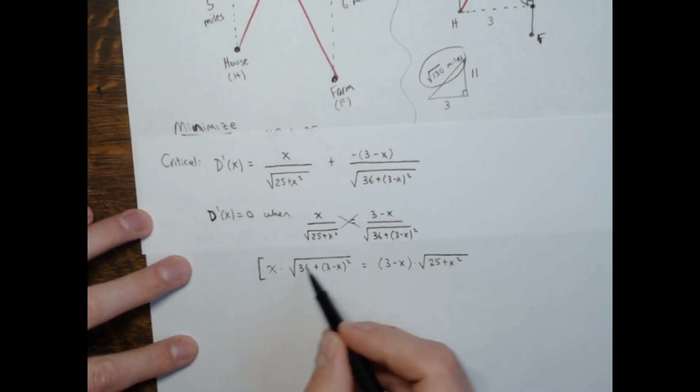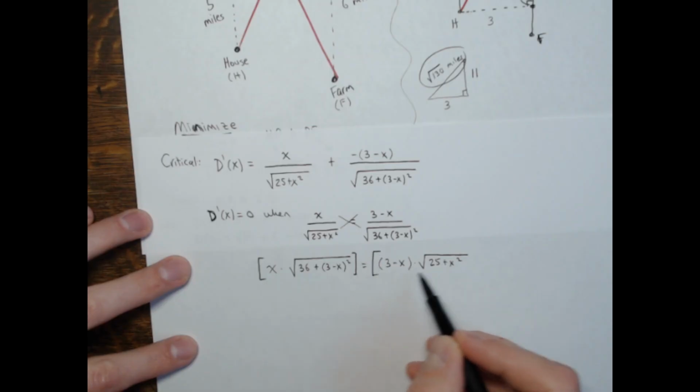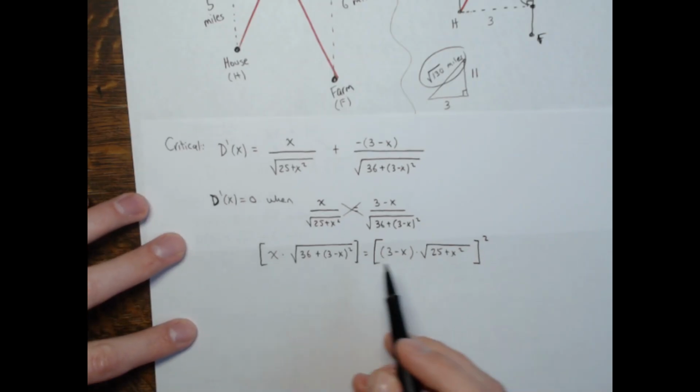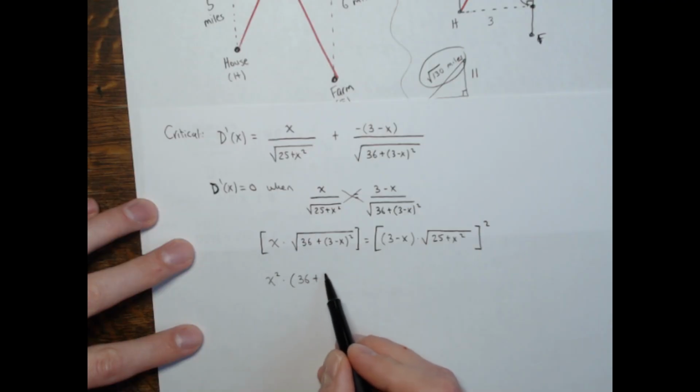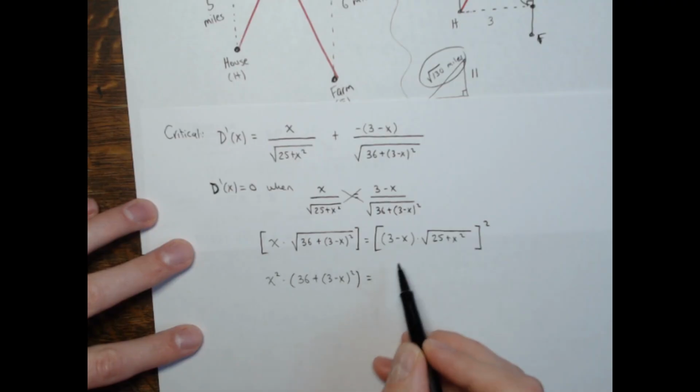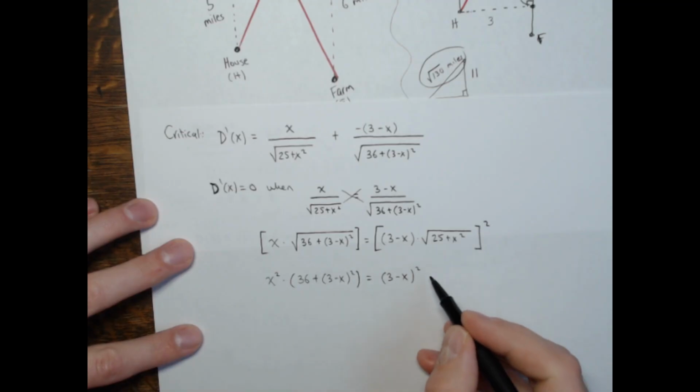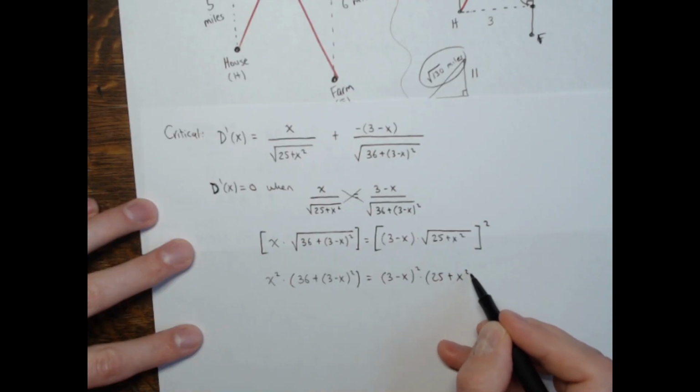Then to get rid of the square roots, I would square both sides. Turns this into x squared times this quantity here inside the radical. And then here we'd have 3 minus x squared times 25 plus x squared.